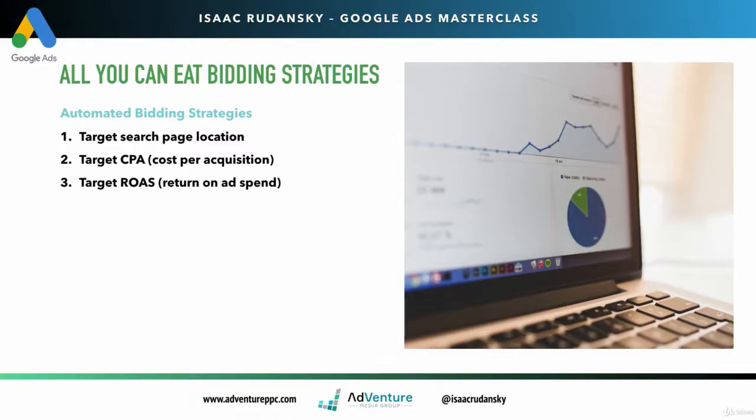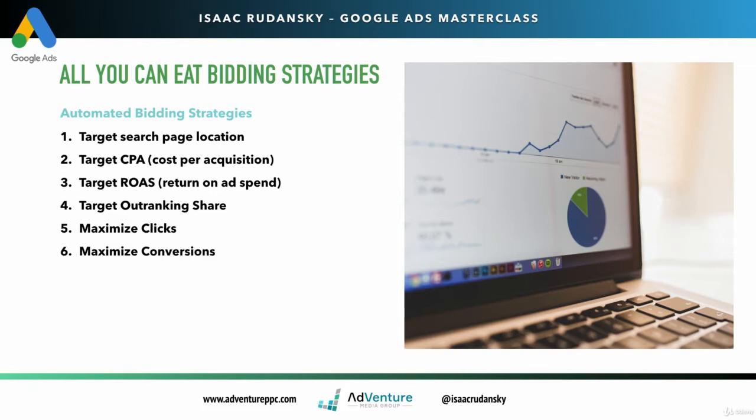Targeting return on ad spend: a specific return you want, and Google will optimize to get you there as long as you're tracking accurate conversion value in your account. Target outranking share, we'll talk about what that means. Maximize clicks, we sort of talked about that in the previous lecture, and we made it very clear that that's not such a great idea for us.